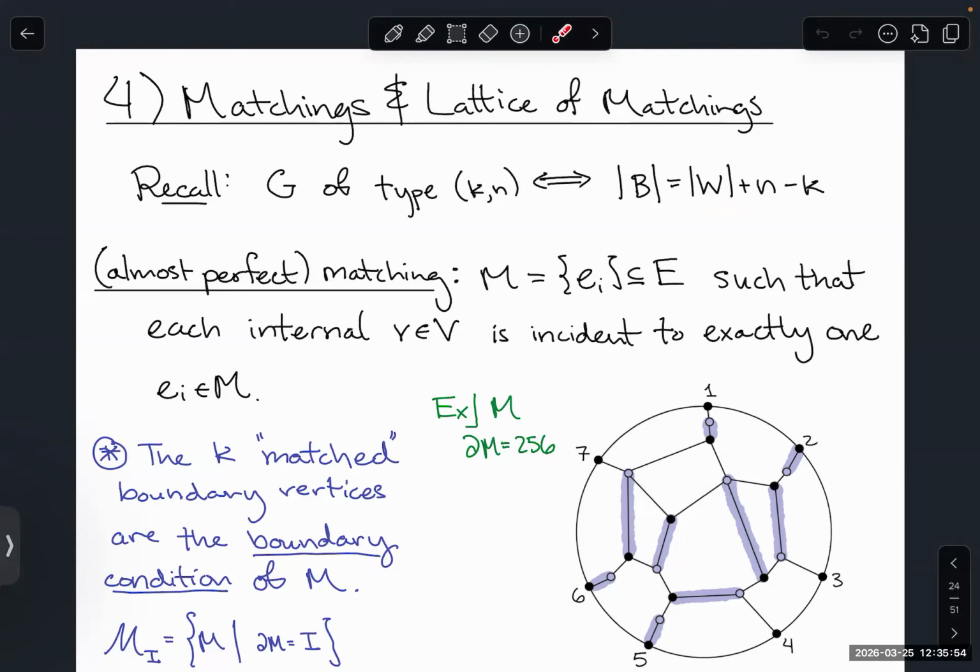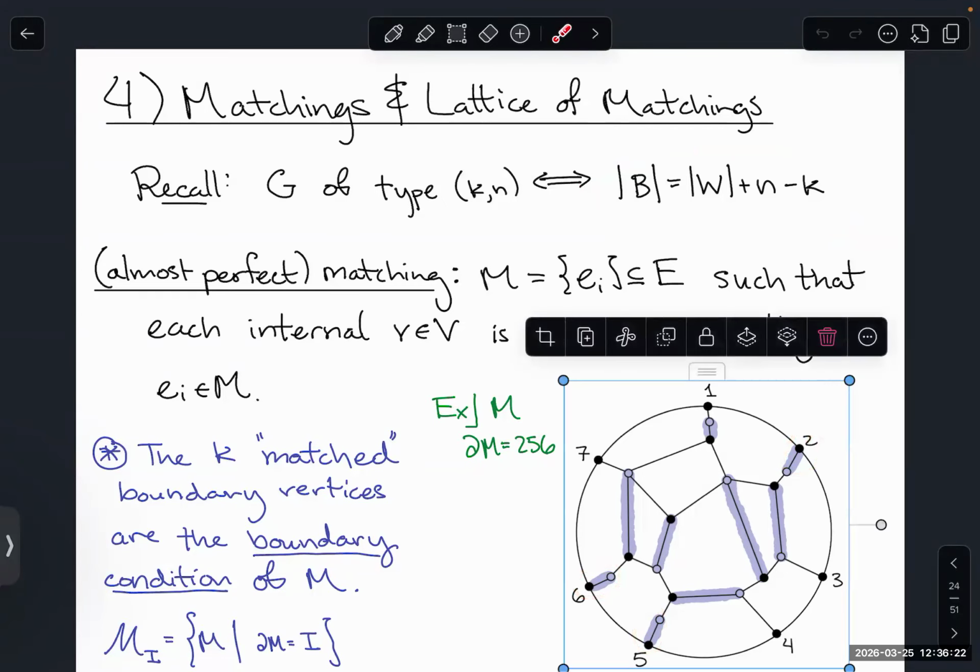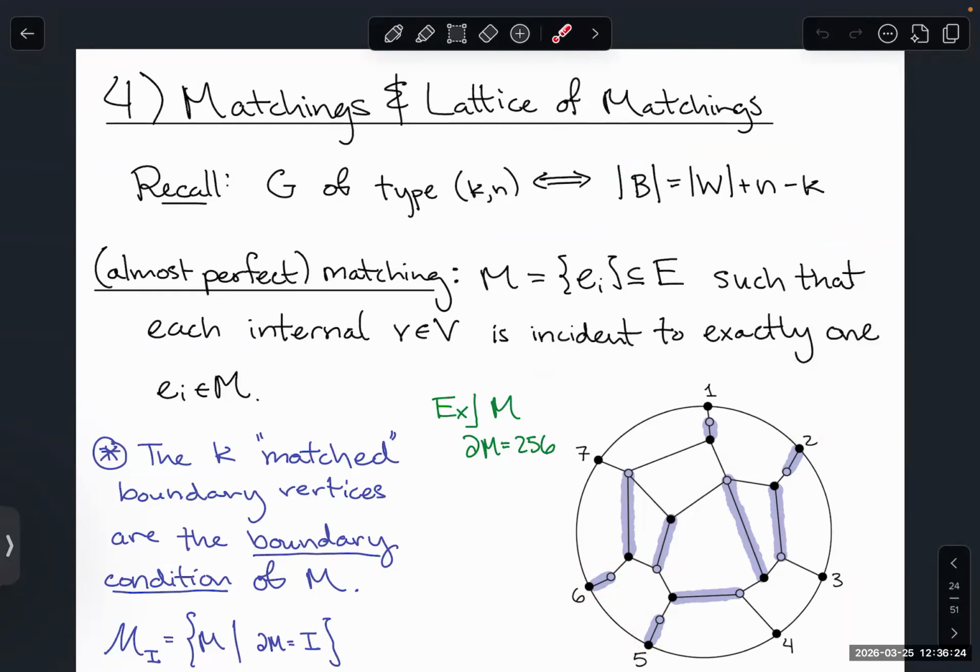But because of this excess of black vertices over white vertices, we have to make a choice of k matched boundary vertices. This is what we'll call the boundary condition of our matching. And we denote the set of all matchings with the same boundary condition as mathcal M sub I. The example that I have here is just a matching with the boundary of 2, 5, and 6, right? And all other boundary vertices are unmatched.